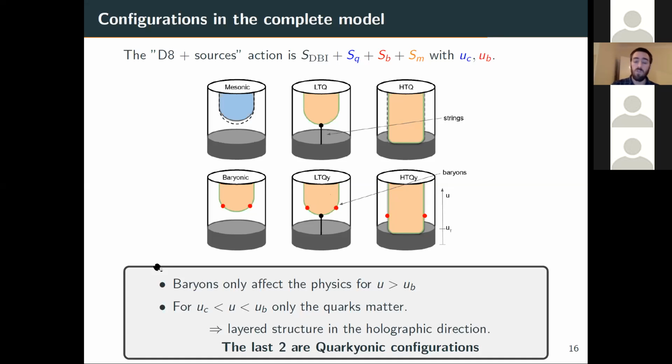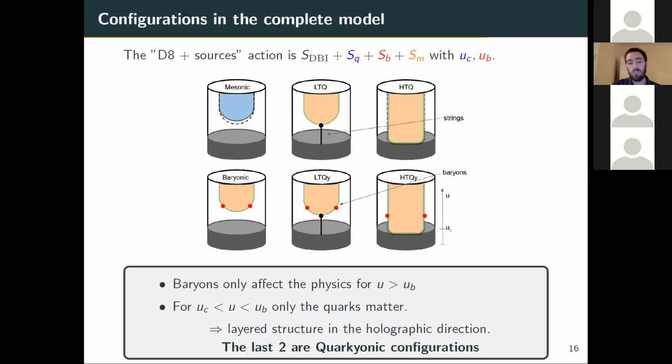And what happens if you look further at the way, I'm not showing the details of the computations, but if you look at what happens, the baryons are really only affecting the physics above the point where they are located. The physics, for example, being the shape the D8 branes, the probe branes, have. On the other hand, the quarks or strings are important in the lower region.